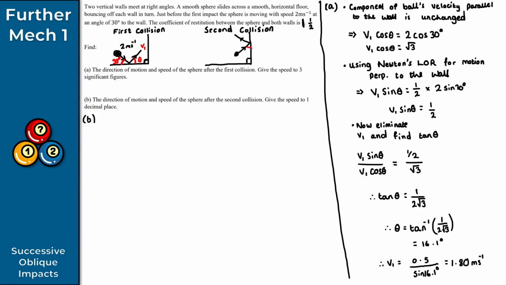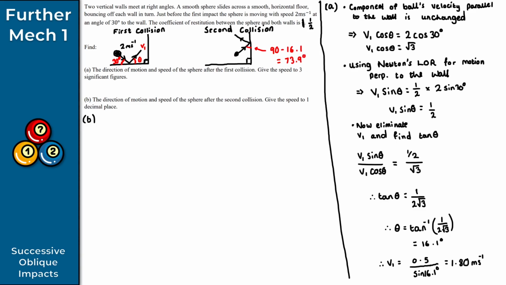So this angle is 90 minus 16.1. What does that give us? For this angle, I get 73.9 degrees.